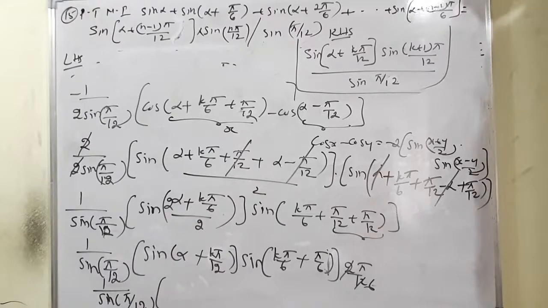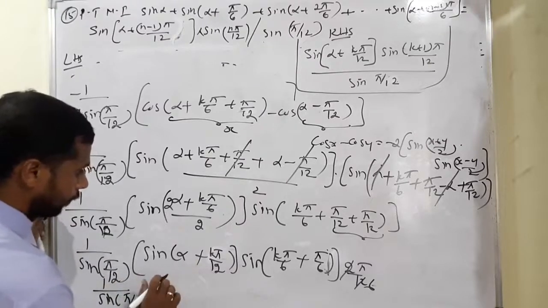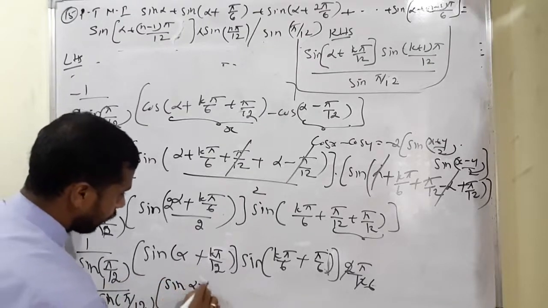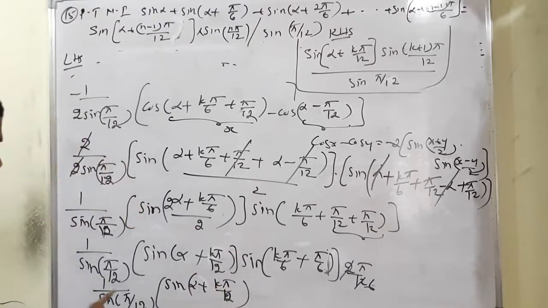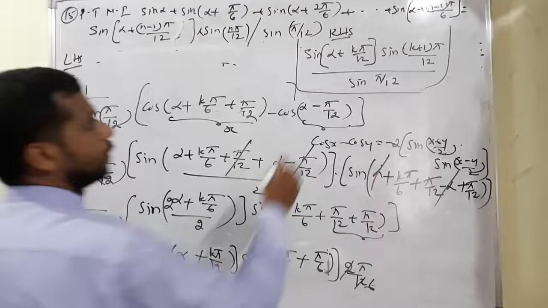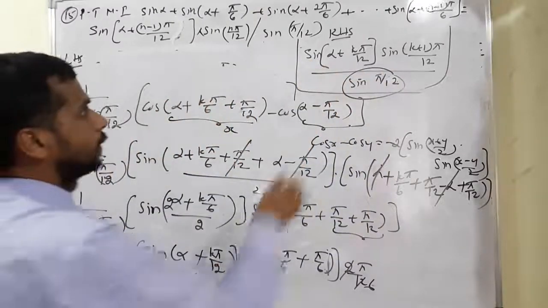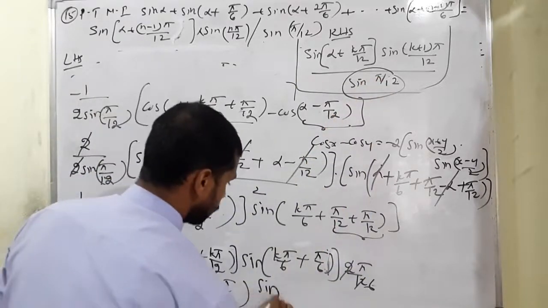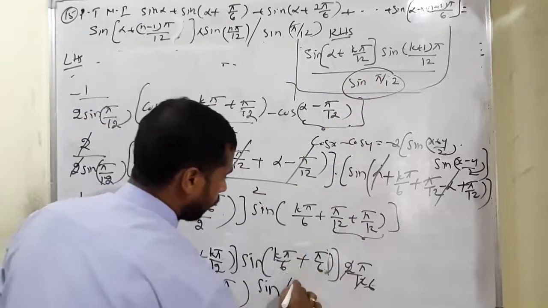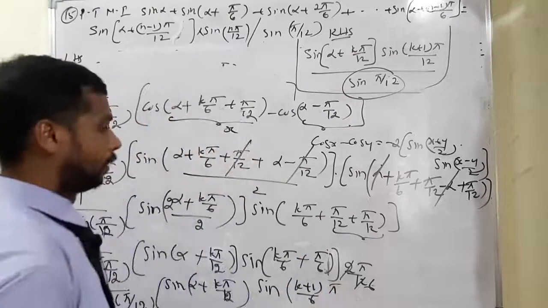sin pi by 12. Then next one, look at there, sin alpha plus k pi by 12. So what is the RHS term? 1 by sin pi by 12, then numerator sin into alpha plus k pi by 12, then into sin of pi, take common outside, k plus 1 by 6 outside pi will come, isn't it?